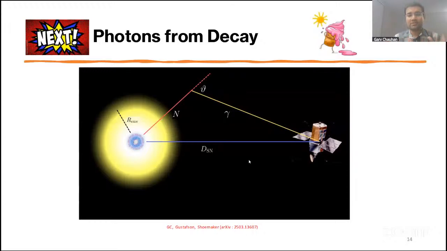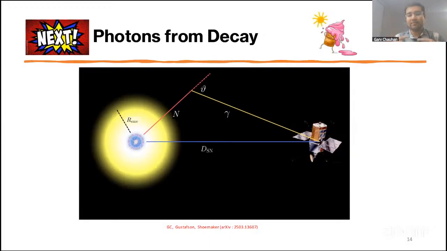So moving on to the actual part of the paper that I want to discuss, one of the previous works that appeared this year is based on the photons that are produced from the decays of sterile neutrinos outside the envelope. So we are now looking at decays outside.